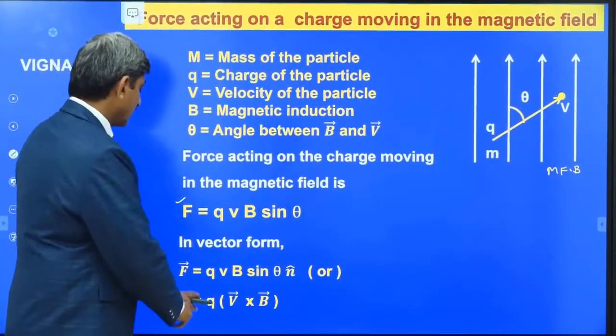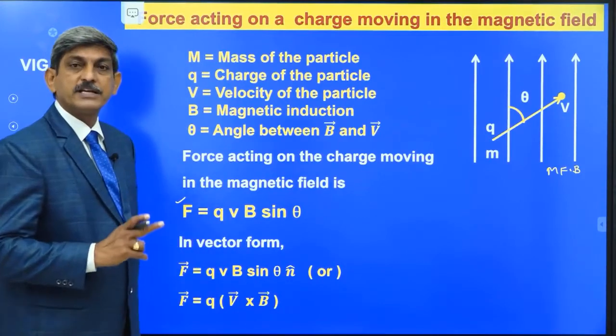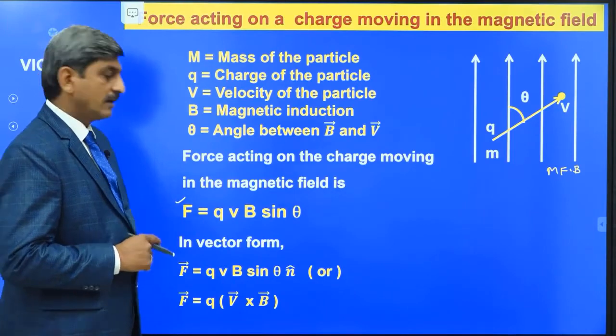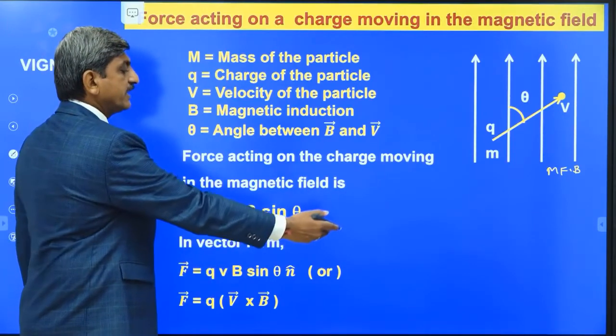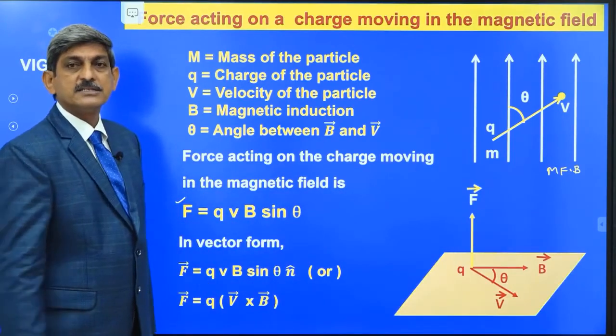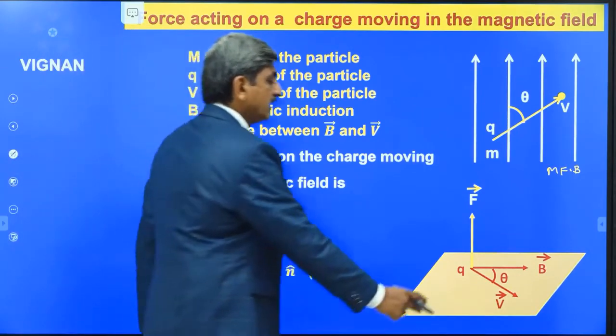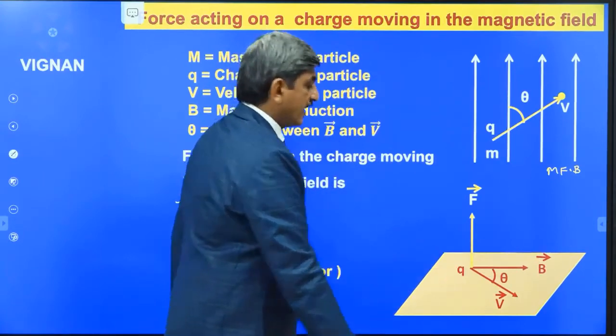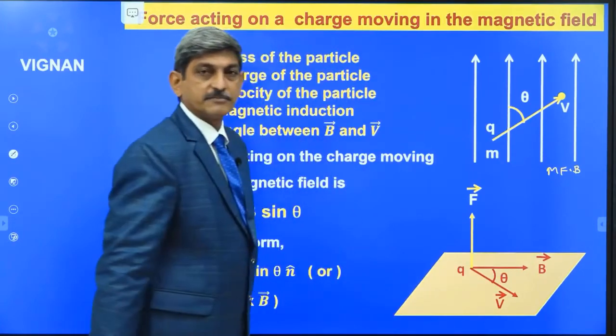That's why the direction of the force is perpendicular to the plane containing both the velocity vector and the magnetic induction vector. Now, the direction of the force can be decided by seeing the diagram. Here, the velocity vector and the magnetic induction vector are lying in a plane, making some angle theta with each other.